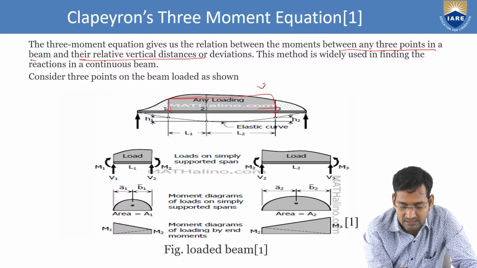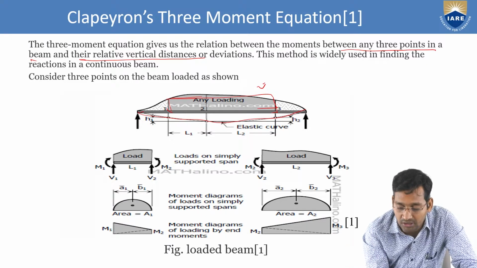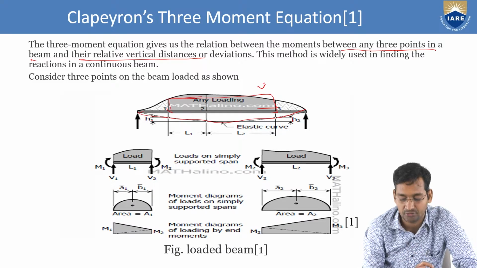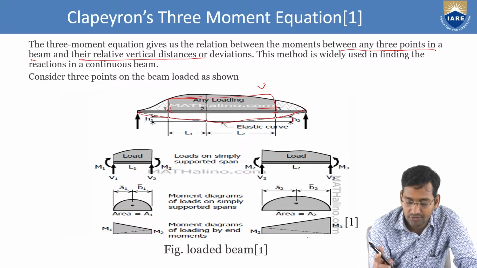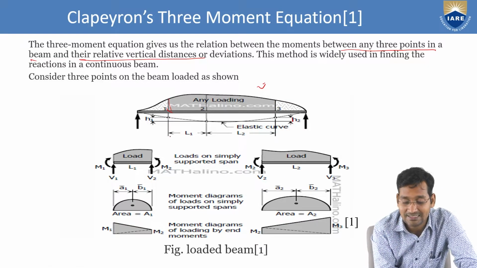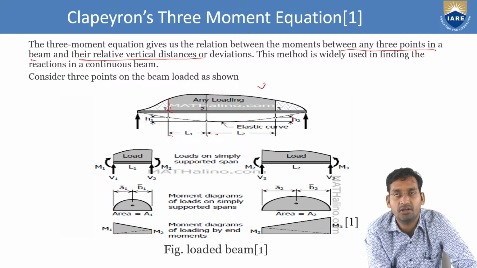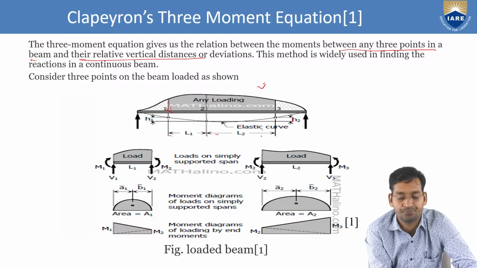Now just see this curve. Because of this load, the beam should bend like this. Here take the heights as H2 and H1. Now this is what we have to find. This is up to a distance L1, and from here to here, on the other side of the load, is L2.